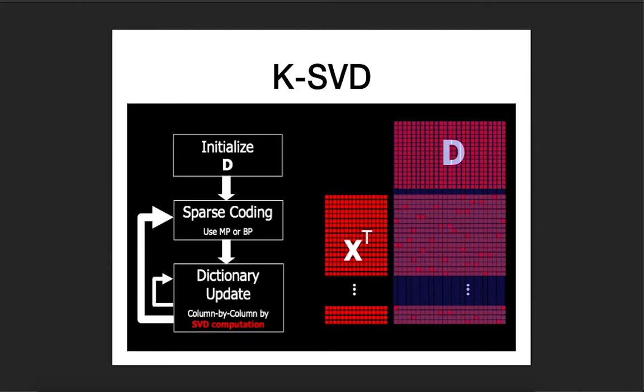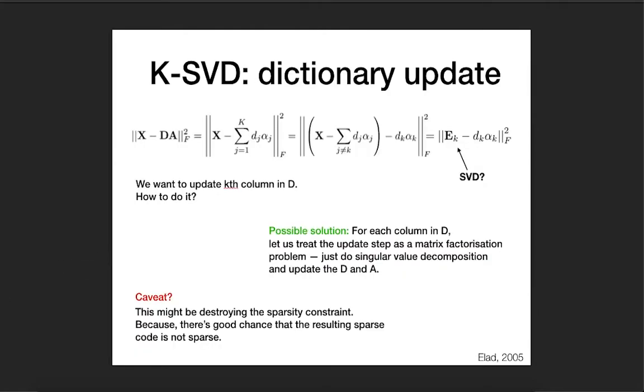And then the dictionary update step is as follows. Let's say you have a dictionary D, and you want to update each column of this dictionary, right? Let's say this is equivalent to this. I'm just writing it as an explicit multiplication of columns and rows. Now I want to update the kth column of the dictionary.